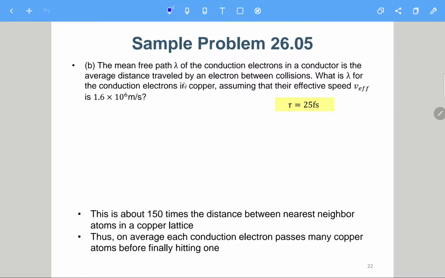So for part B, the mean free path lambda of the conduction electron in a conductor is the average distance traveled by an electron between collisions. What is lambda for the conduction electron in copper, assuming that the effective speed is much faster than what we calculated before, because that one is more like an average speed.